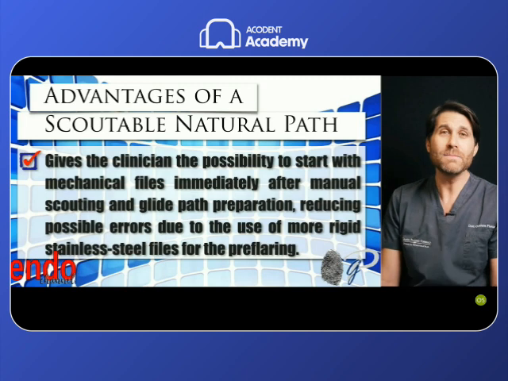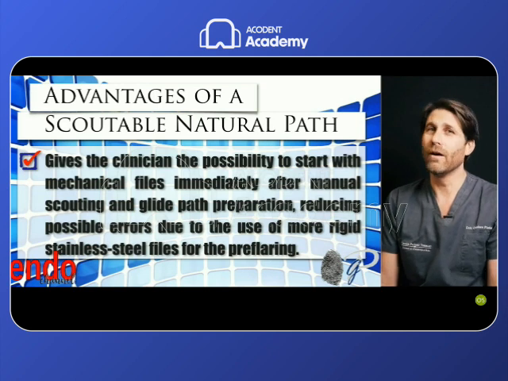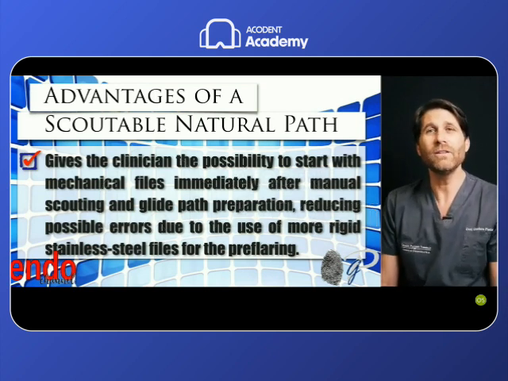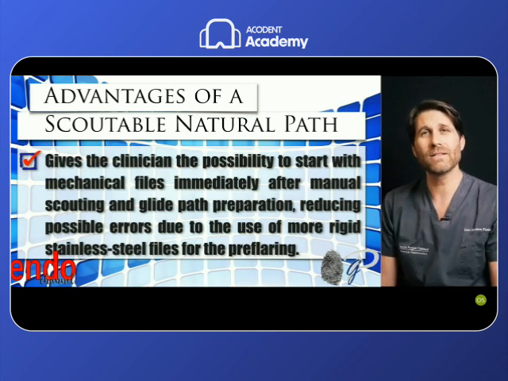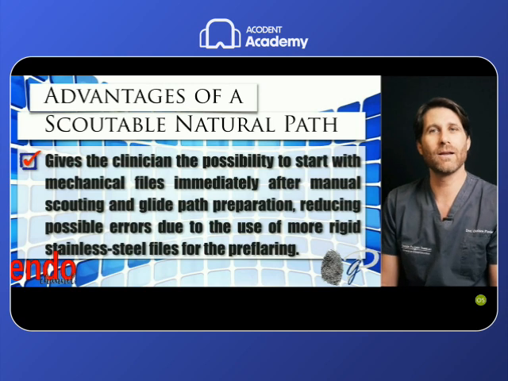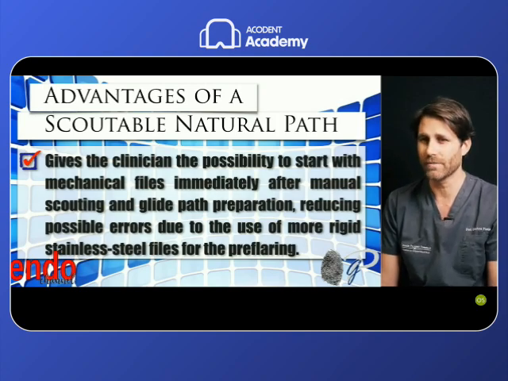So these mechanical pre-flaring files aim to start earlier with the mechanical instrumentation, to avoid the use of stainless steel files of bigger sizes like 15 and 20 that are very rigid and with which we can create damage inside the root canal. We can create iatrogenic problems like ledges, zips or transportation.